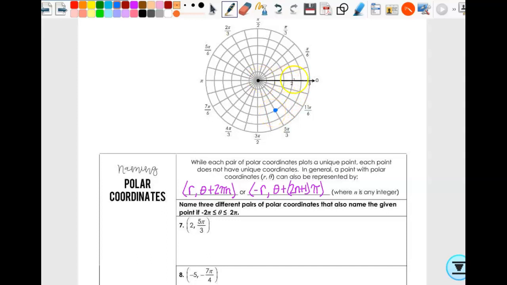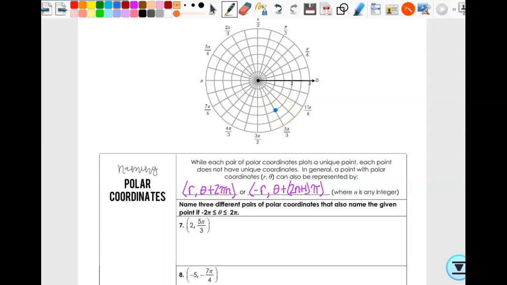I could go to 2 and go negative π/3. Would you agree with that? I could go to 2 and go around a few different ways, right? I could end up over here and pass through the origin. So there's an infinite amount of ways to get to that one point. That's what this means. This ordered pair is only going to plot one point. That's it. But there's an infinite amount of ordered pairs I could get from that one point. See the difference there? Okay.